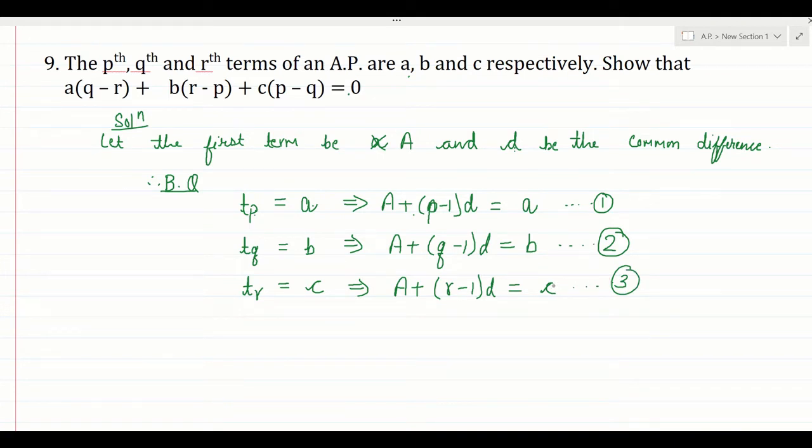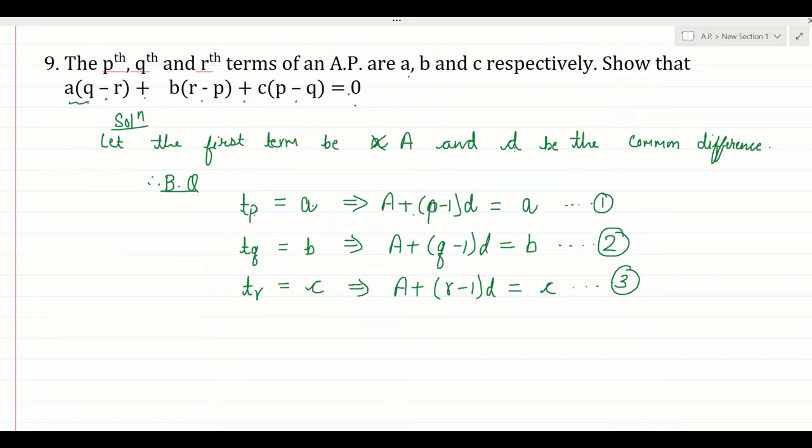Is this clear? Okay. Now look, what do we need to prove? We need to prove A in bracket Q minus R plus B in bracket R minus P plus C in bracket P minus Q equal to 0. Isn't this?